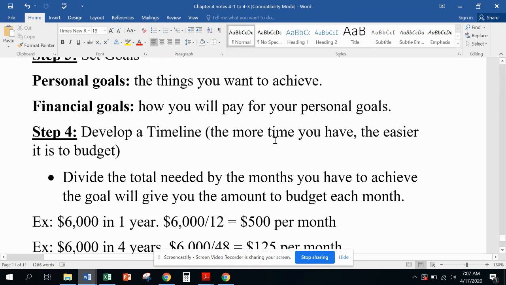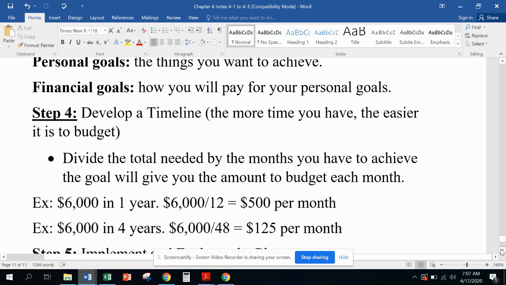Okay. Now, one of the more important things here is the timeline. After we've done all the things above, we want to develop a timeline. The more time we can give ourselves, so the earlier we start preparing for one of these life events or one of these personal goals and how we're going to pay for it, the more time we have, the easier.